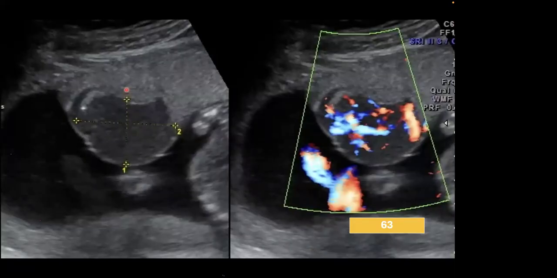63, just three more left. 63. Yes, Govindraj, absolutely correct. Tamil, why is it a lake? Just look at the vascularity. It's not a lake, no?